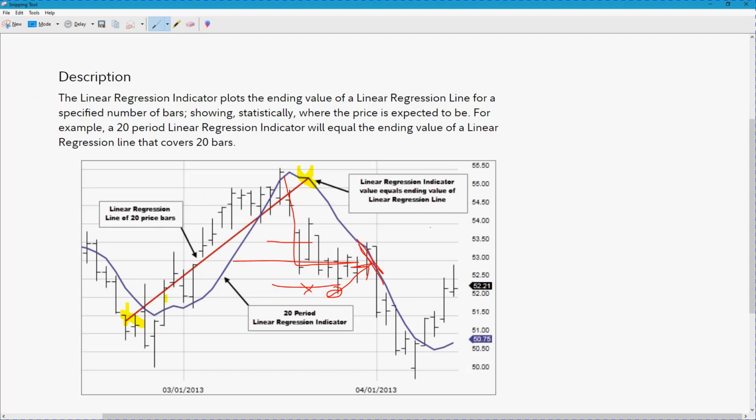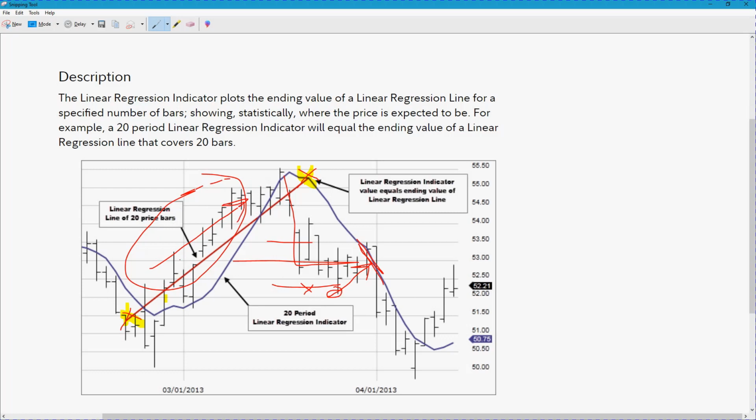So the linear regression channel that you can put on your chart goes from point A to point B on a direct path, but the indicator, the purple line, is the best fit method. So most bars that close above the line, you'd want to be going long.